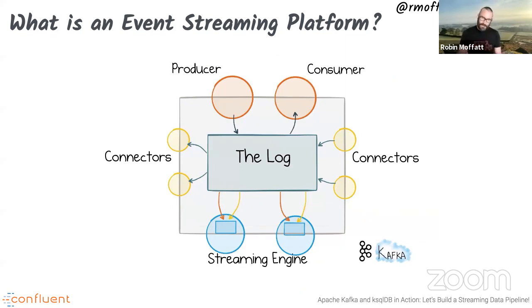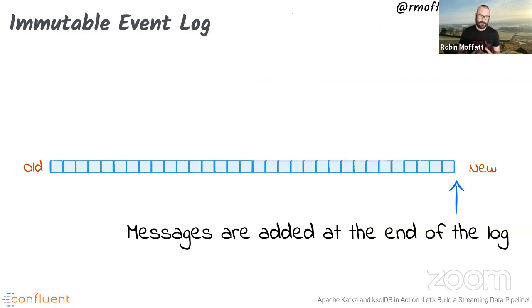Let's talk a little bit in more detail about what it actually is. At the very heart of Kafka is a distributed commit log. Everything around Kafka that we build is based on this idea of the log. And then we've got different APIs that sit around it, like the producer and consumer APIs, an integration API, and a stream processing API. But this concept of a distributed commit log is a very, very powerful one.